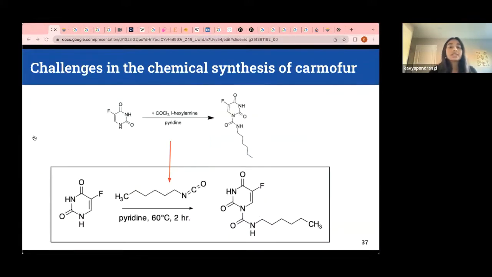We also pursued the synthesis of carmofur itself, which would then enable us to synthesize analogs of carmofur that may show better biological activity than carmofur. So the original synthesis of carmofur consisted of hexylamine and 5-fluorouracil, while our newer synthesis that was proposed instead uses 5-fluorouracil, since carmofur is a 5-fluorouracil derivative, and it uses an isocyanate instead.